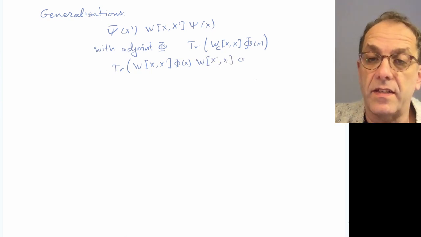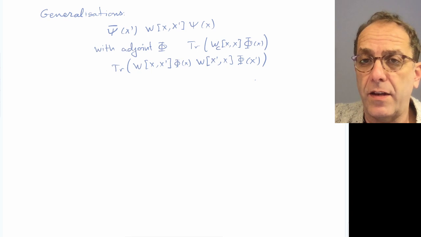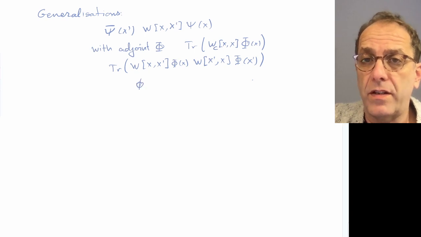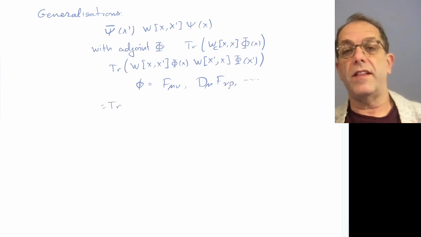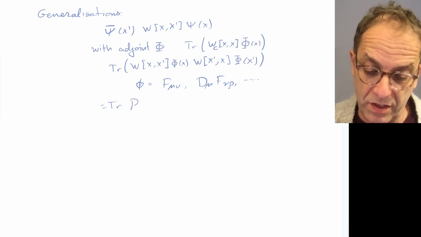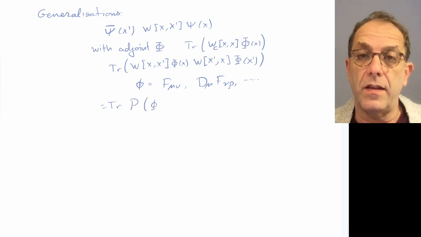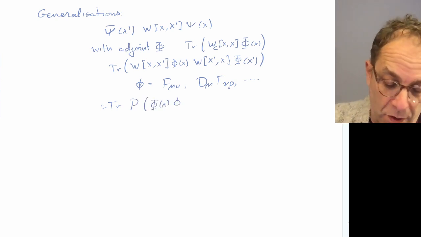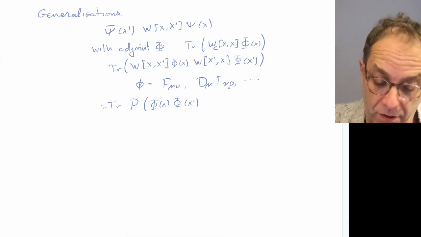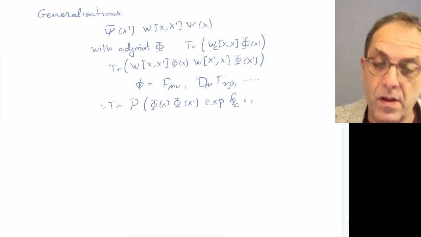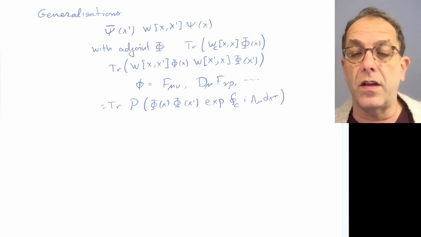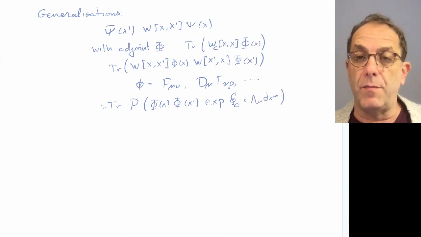So this is gauge invariant, and phi can be a field, or it can be any other adjoint valued operator. We can write this elegantly in terms of the path ordering symbol, which will make sure that things are inserted in the correct place. This makes sense as long as the points x and x prime are along the curve C.